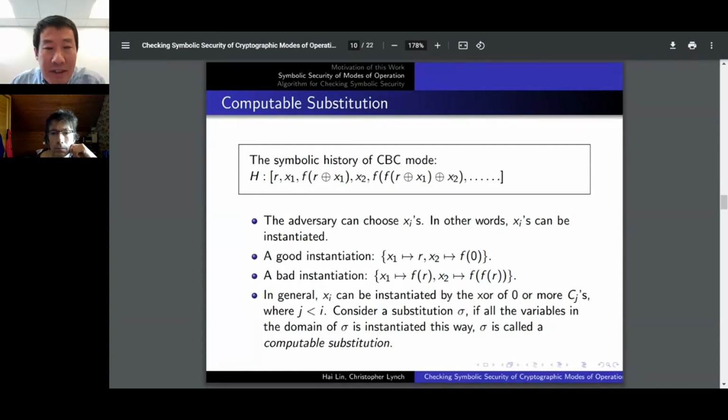So the adversary doesn't know how to compute f of R by the time it tries to generate X1. So in general, each Xi can be instantiated by the XOR of 0 or more Cj's that come before Xi. So if that constraint is satisfied, then we call that substitution a computable substitution.